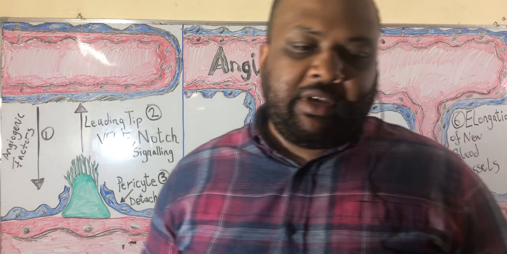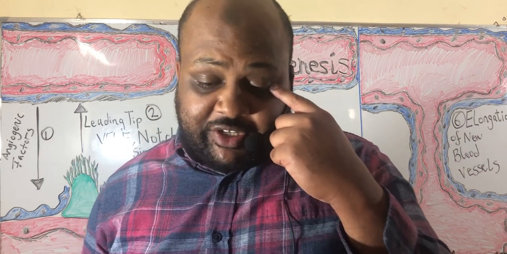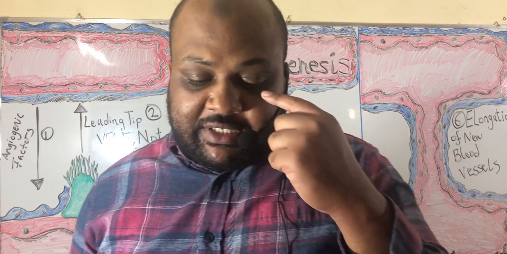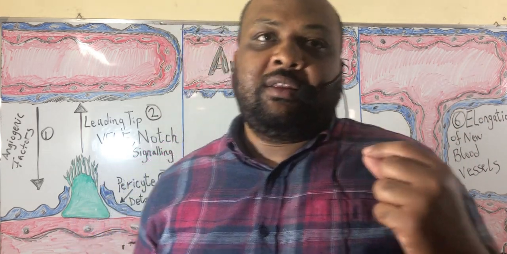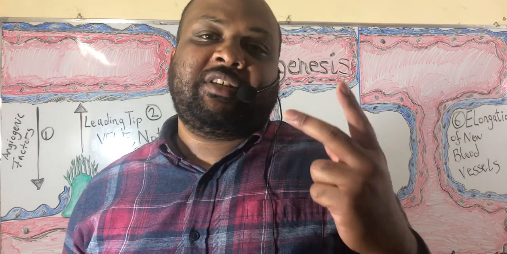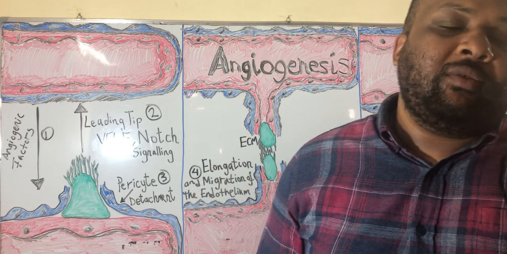Another example is macular degeneration. We target angiogenesis to stop the macular cells from sprouting new blood vessels, to end wet macular degeneration.